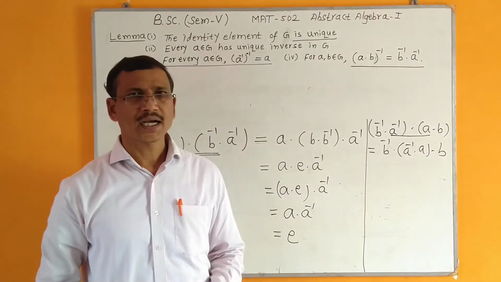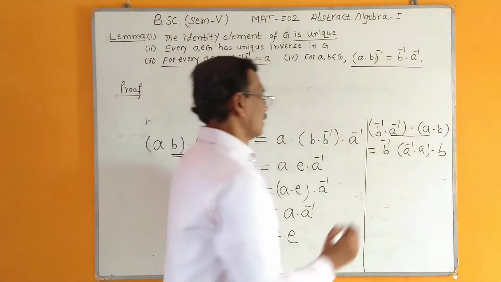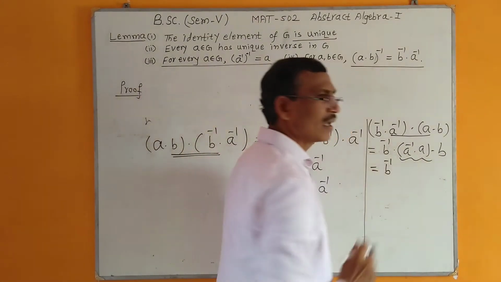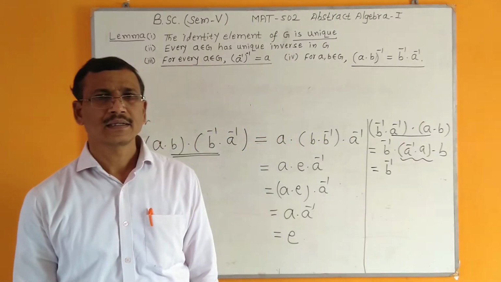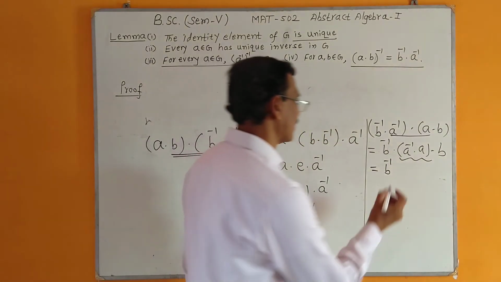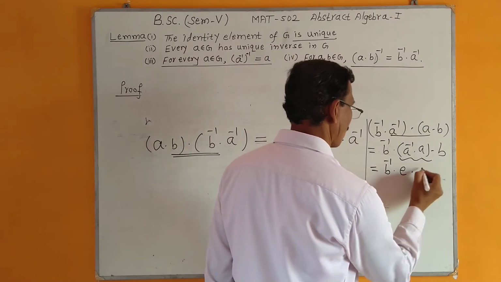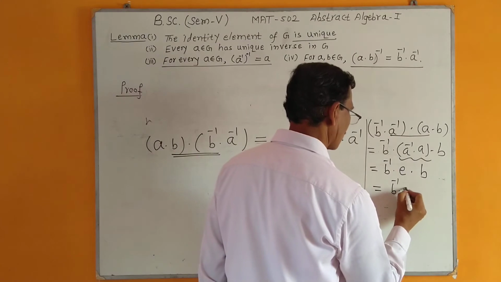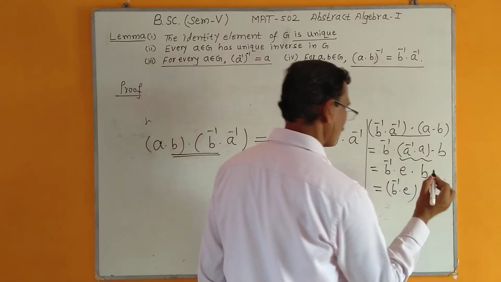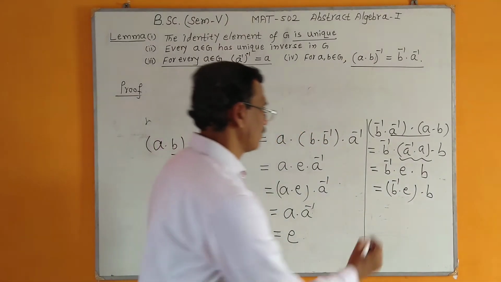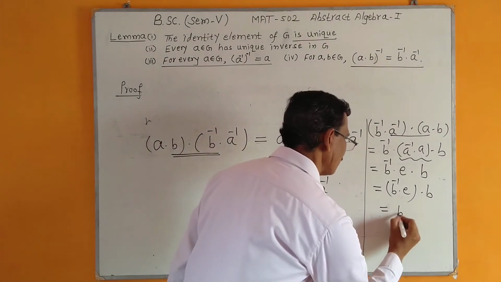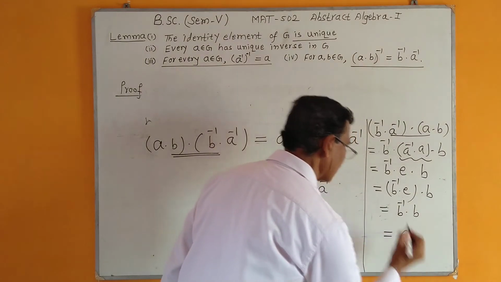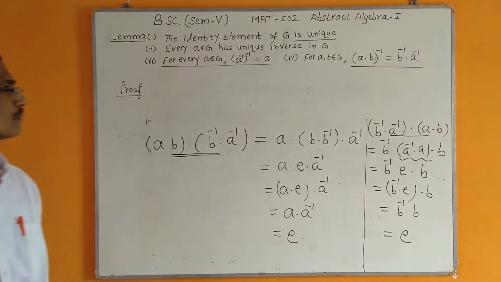That means by applying the associative property, which can be written as B inverse. Now what is the value of A inverse dot A? They are inverses of each other, and therefore its value is E dot B. Again it can be written as B inverse dot E dot B by the associative property, and B inverse dot E is B inverse dot B. These are inverses of each other, therefore its value is E.